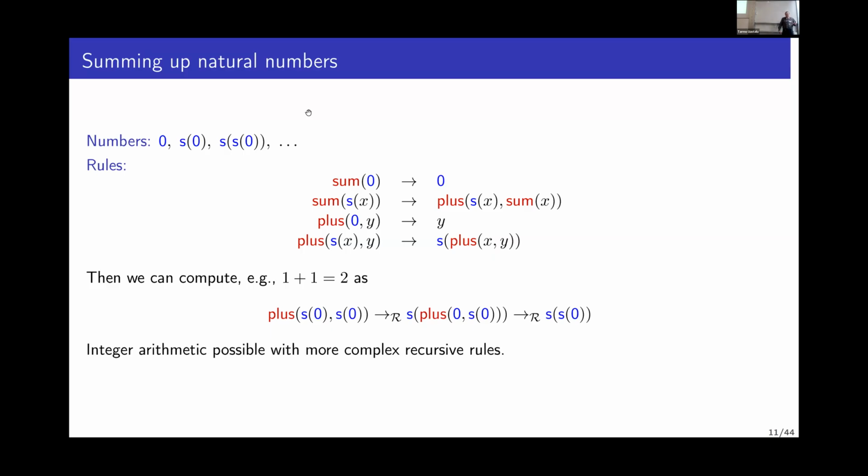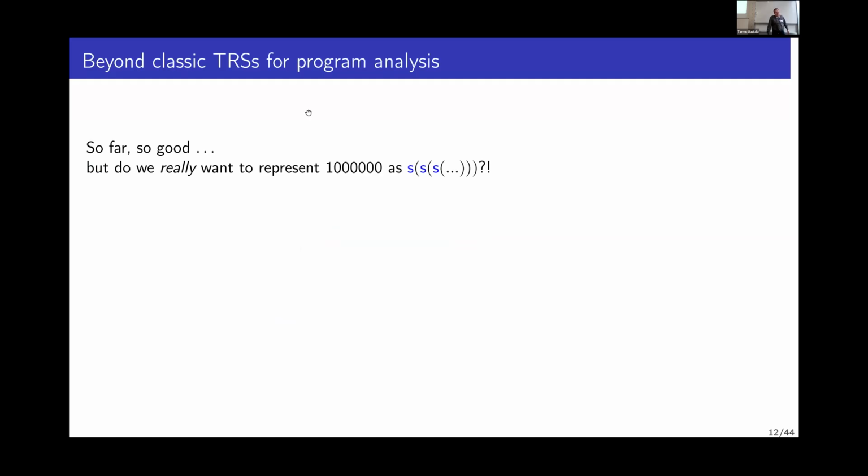We can also represent integer arithmetic with more complex recursive rules. Then you need to introduce constructors to represent whether a number is positive or negative. It can be done. But there are downsides. This has been done in program analysis tools.